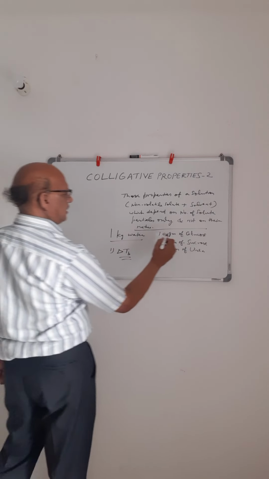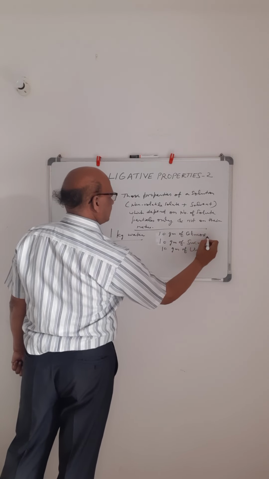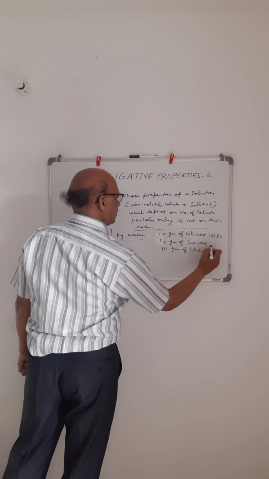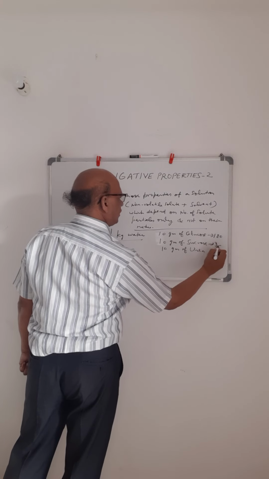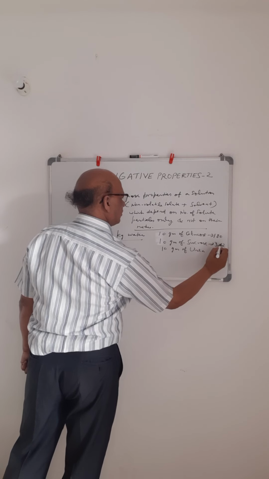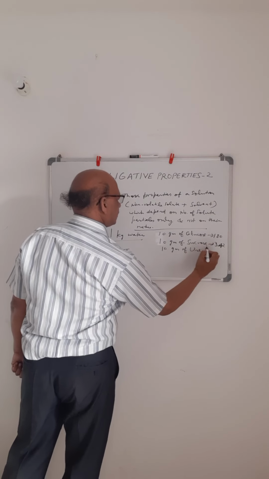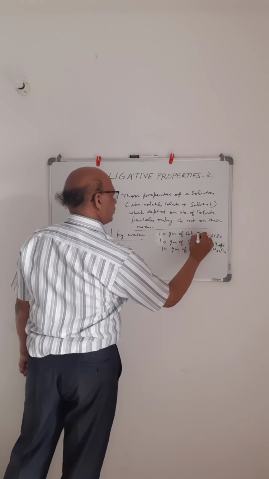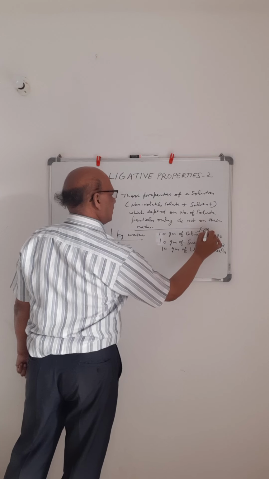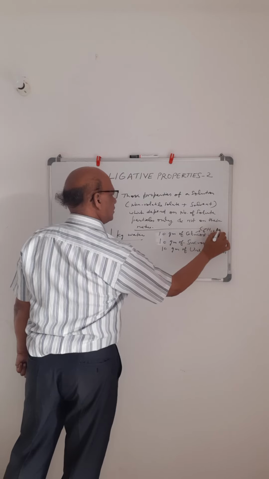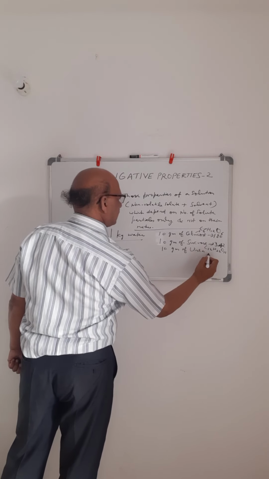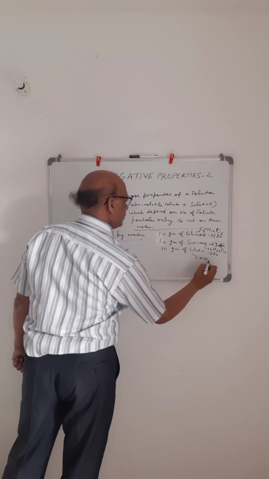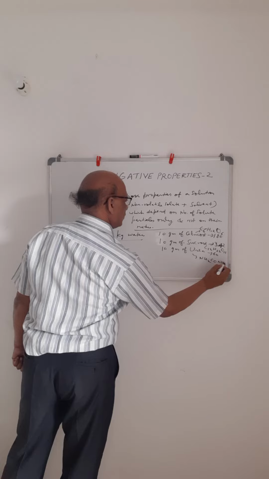As we know, the glucose molar mass is 180, sucrose it is 342, that you can find out. Sucrose is nothing but C12H22O11, glucose is C6H12O6, and urea it is 60, and urea is NH2CONH2.